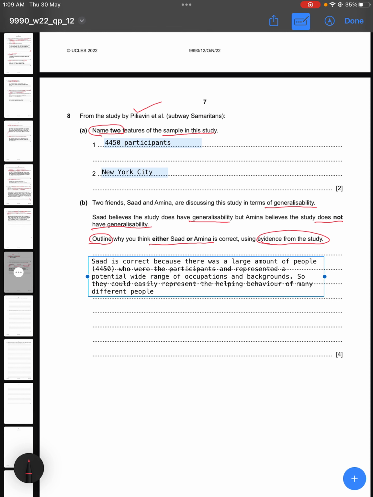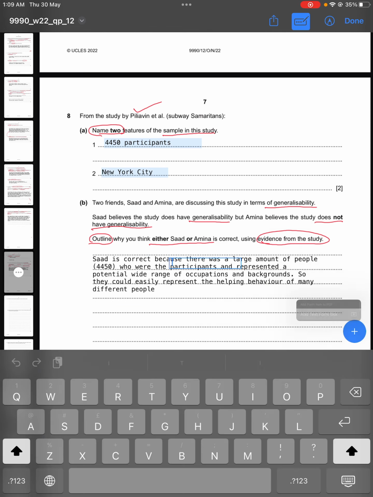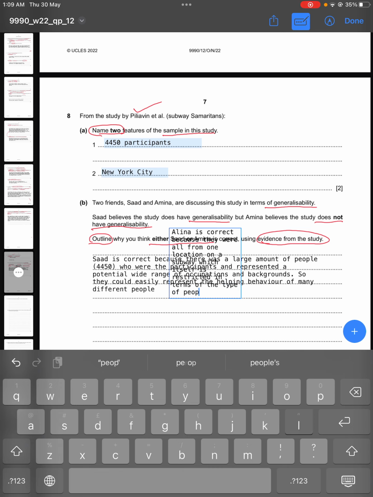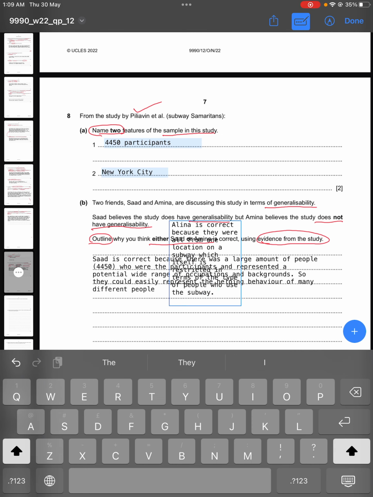study can be generalizable. But on the other hand, when we are saying that Amina is correct, Amina is correct because they were all from one location on a subway, which itself is restricted in terms of the type of people who use the subway, because mostly the lower class of New York uses that particular subway.